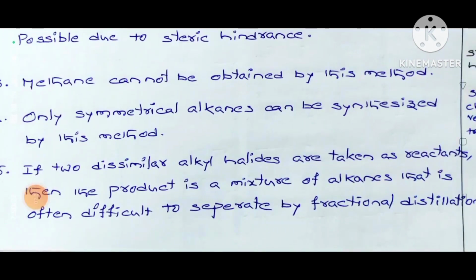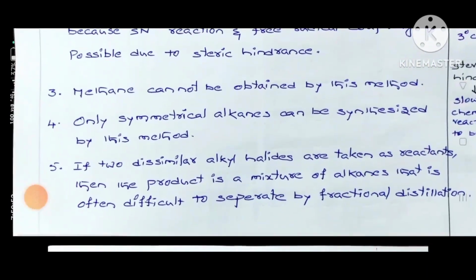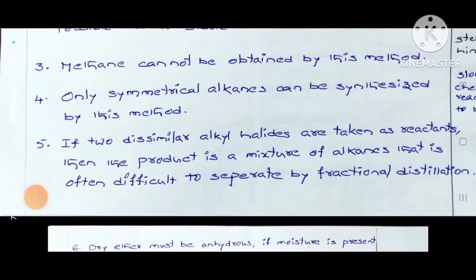Previously, in Wurtz reaction, 2 methyl iodides or 2 ethyl iodides were taken. But dissimilar alkyl halides means 1 methyl iodide and 1 ethyl iodide reacting with sodium metal. So if 2 dissimilar alkyl halides are taken as reactants, then the product is a mixture of alkanes that is often difficult to separate by fractional distillation due to their almost equal boiling points.